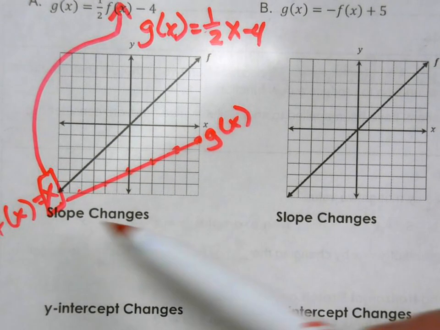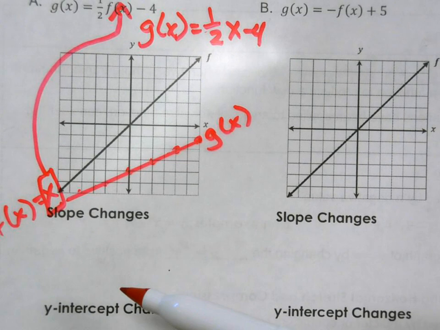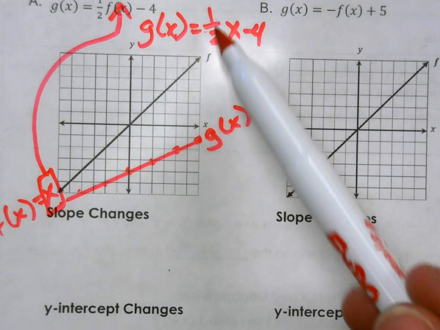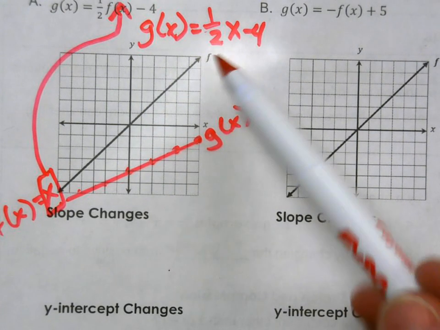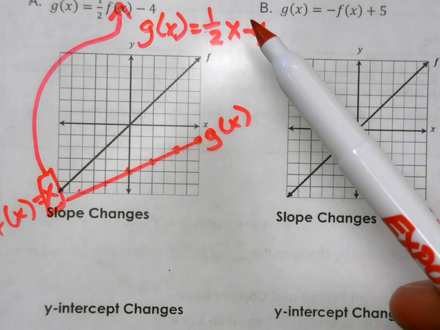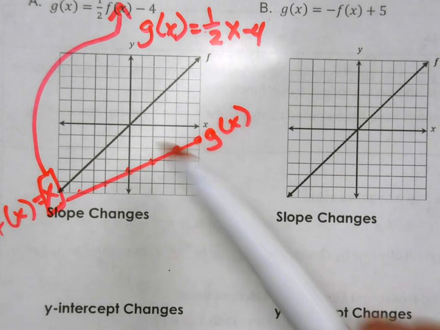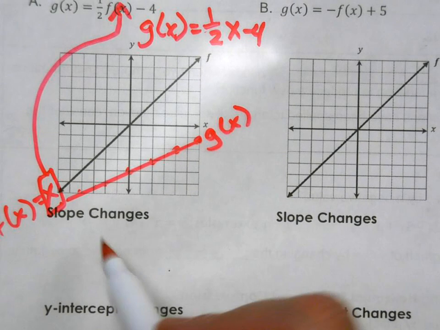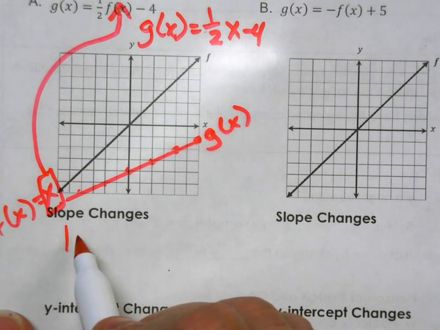So what changes happened to the slope? It got less steep. This half right here, right? It's between 0 and 1. So that's a less steep line.